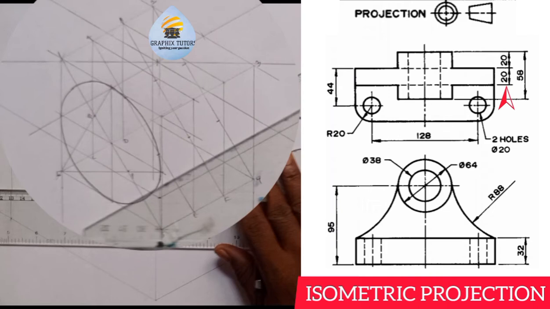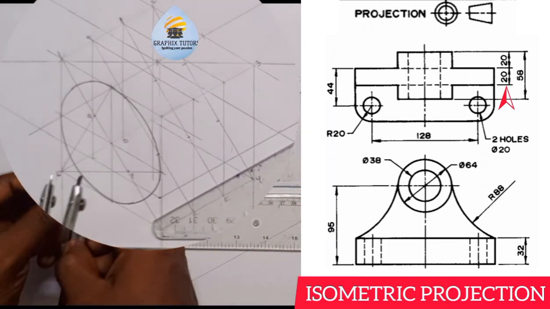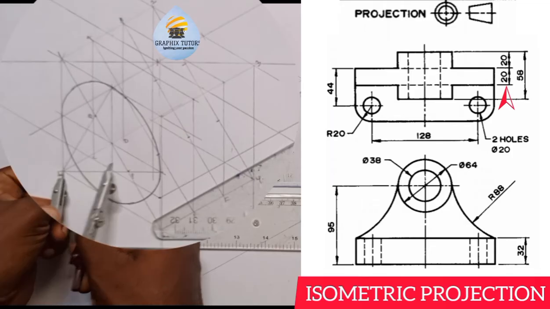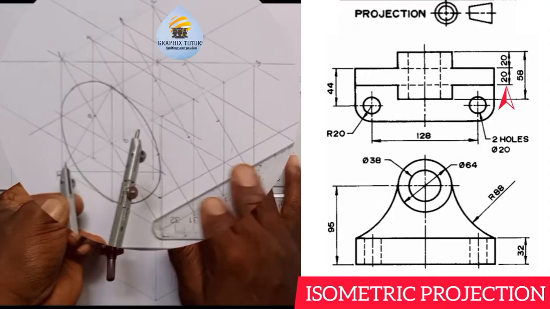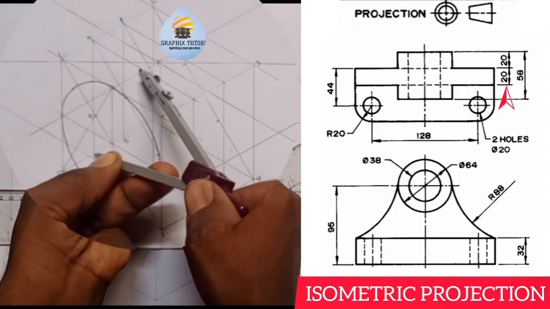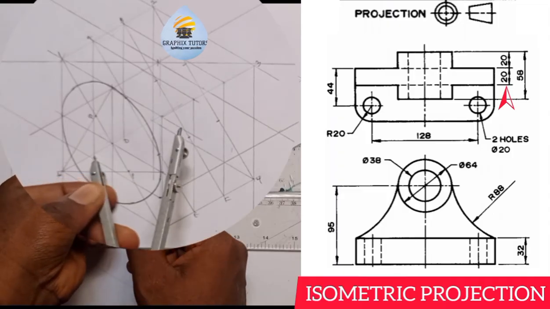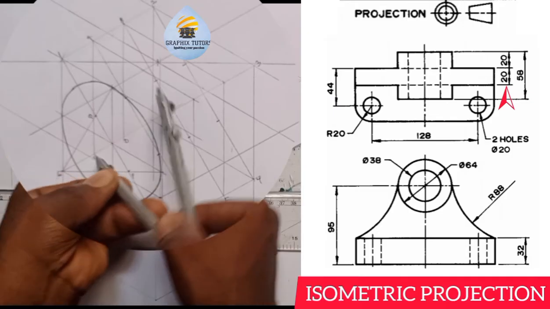Now remember that I used this point here to get this arc here. Can you see that? So I will use this other point here at C to get the next arc here. Hope you can see that. We use this point to get this, so I'll use the other point at C to get this arc here.